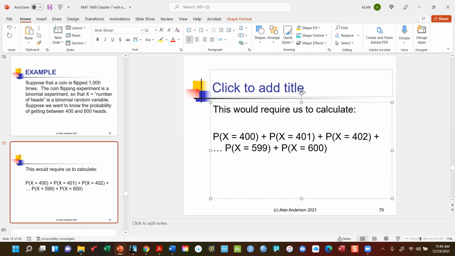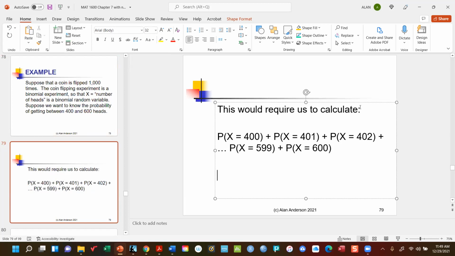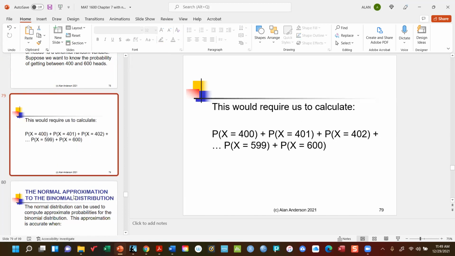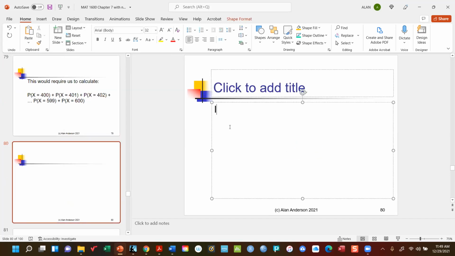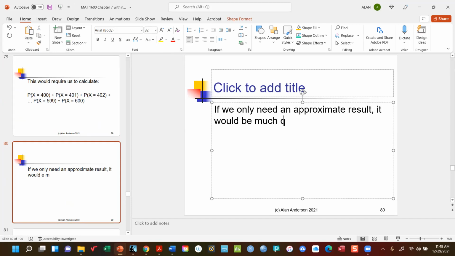Now, at this point in time, if you're using computers or Excel or whatever, that wouldn't be such a big deal. But at a point in time when there were no computers, this would have been a major headache. So in a case like this, if we only need an approximate result, it would be much quicker to use the normal distribution to solve for this probability.